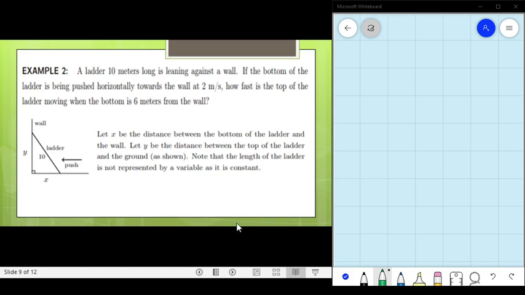Note that the length of the ladder is not represented by a variable because it is constant. Now, as x is pushed and becomes smaller, y becomes larger, right? Okay.